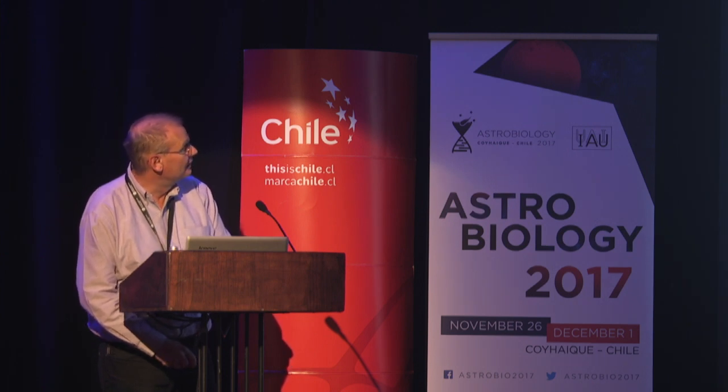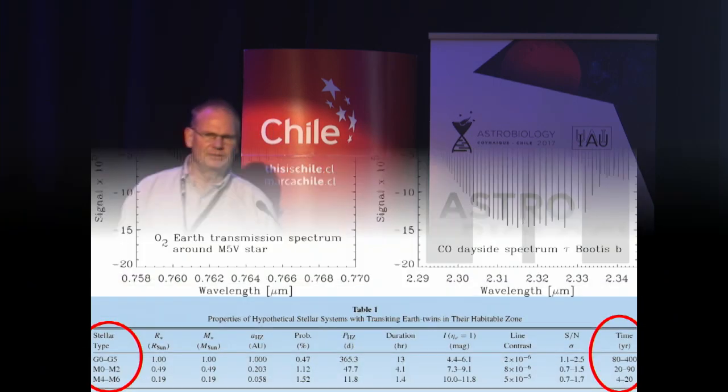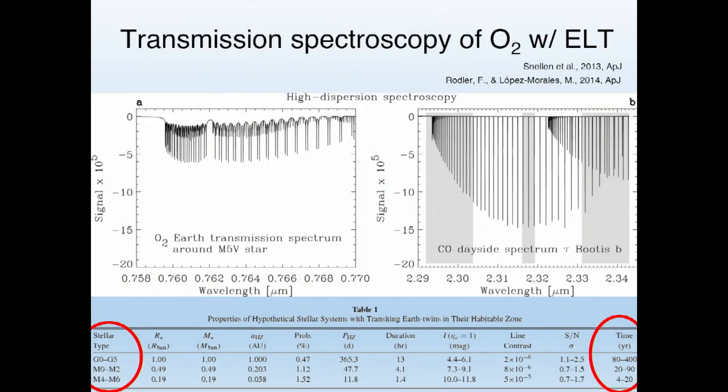Concluding, with the outlook towards what we believe is one of the strong techniques now in getting towards biomarkers, and in particular oxygen biomarkers in exoplanets, in this case transmission spectroscopy, but focusing on the oxygen A or B band.